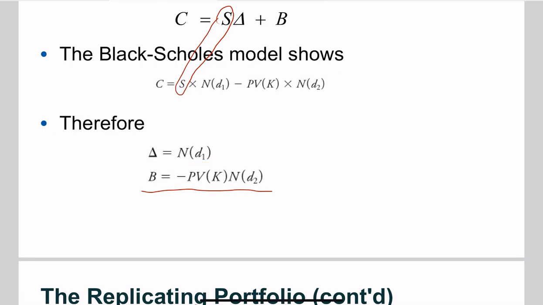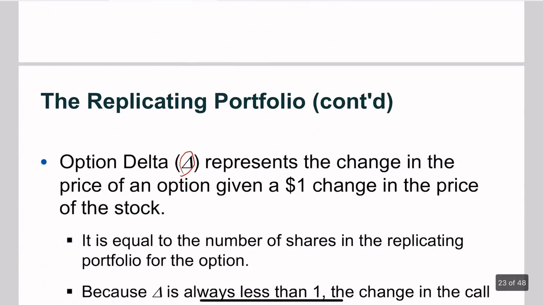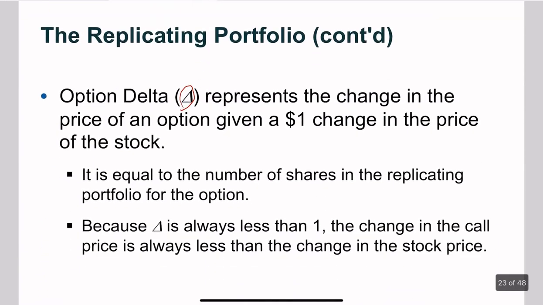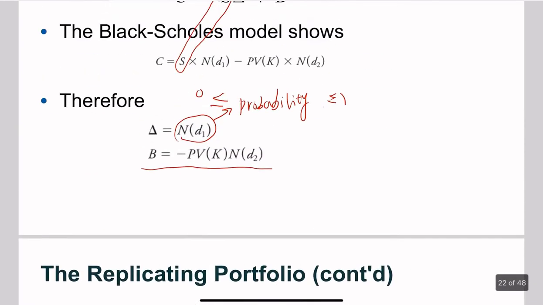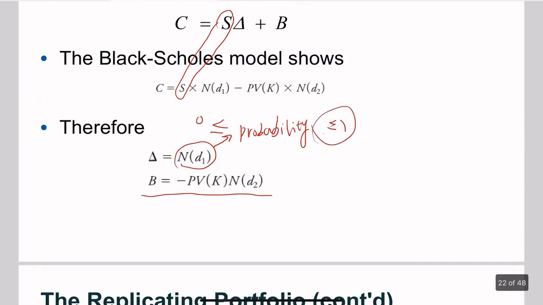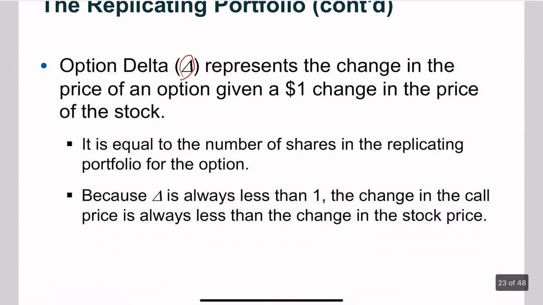This is a probability. And in our statistics course, we learned probability has to be positive and smaller than 1. So this basically tells you that because delta is smaller than 1, the change in the call price is always less than the change in the share price.